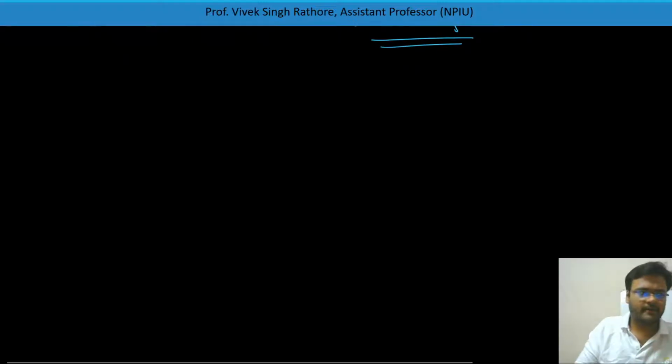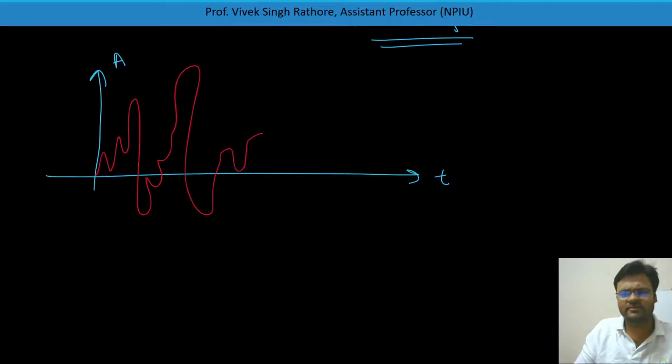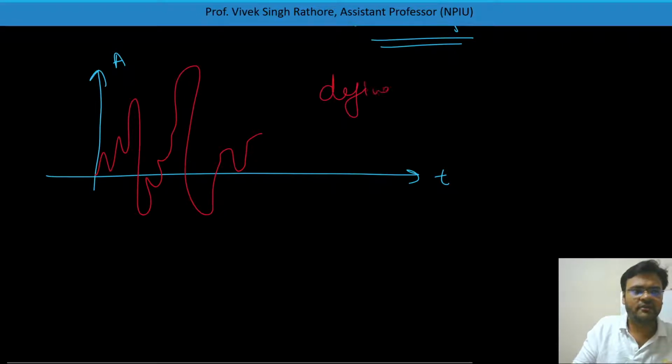A signal is there. This is the time domain and this is the amplitude. Let's suppose some signal is there, whether it is a ramp or unit step, anything. This signal has some amplitude, and it is defined for every time interval.